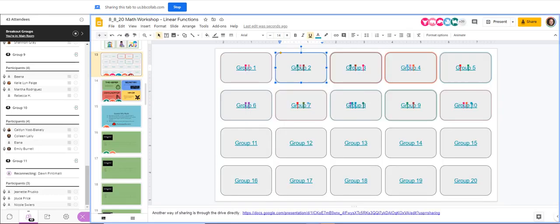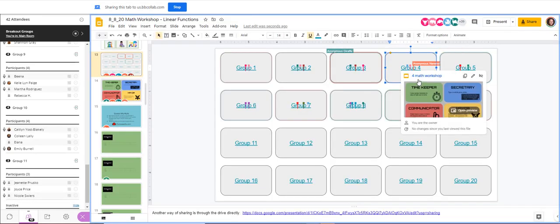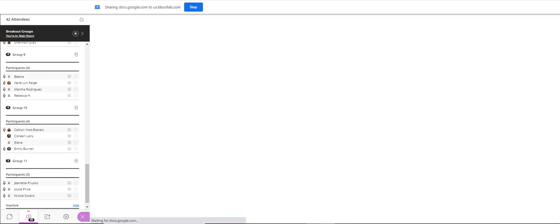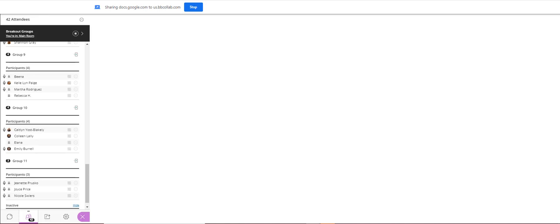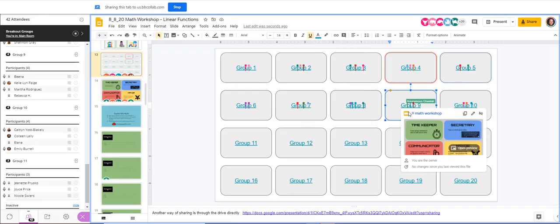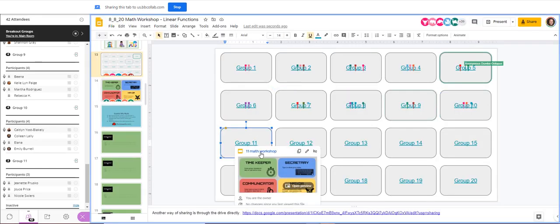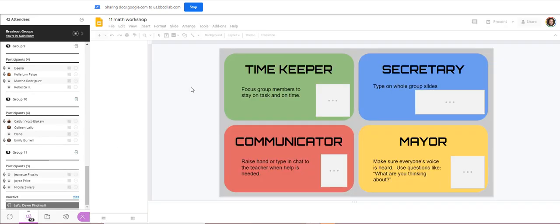What I'm doing now is opening up every group. You'll notice that my naming convention has the group number first. That helps me out a lot when I have tons of tabs open, so I can see right away where the groups are and be able to click on those. Yes, I have 11 groups.